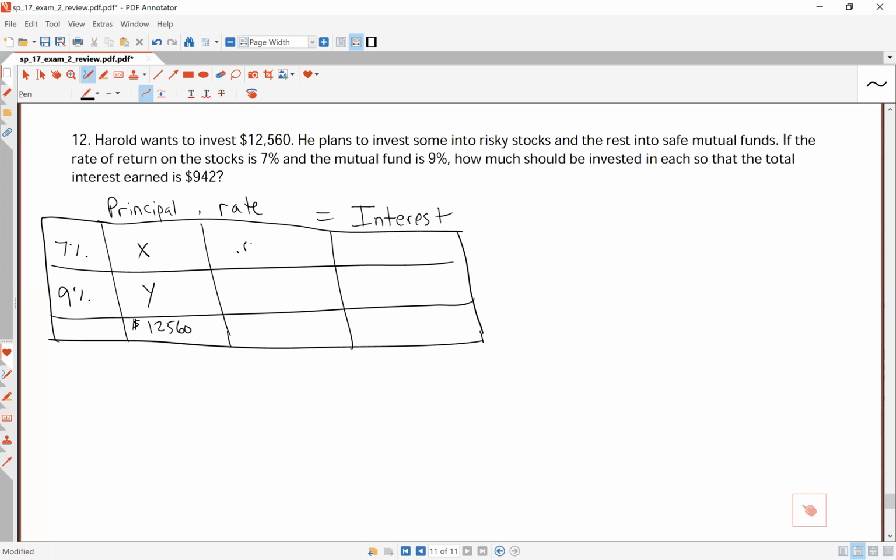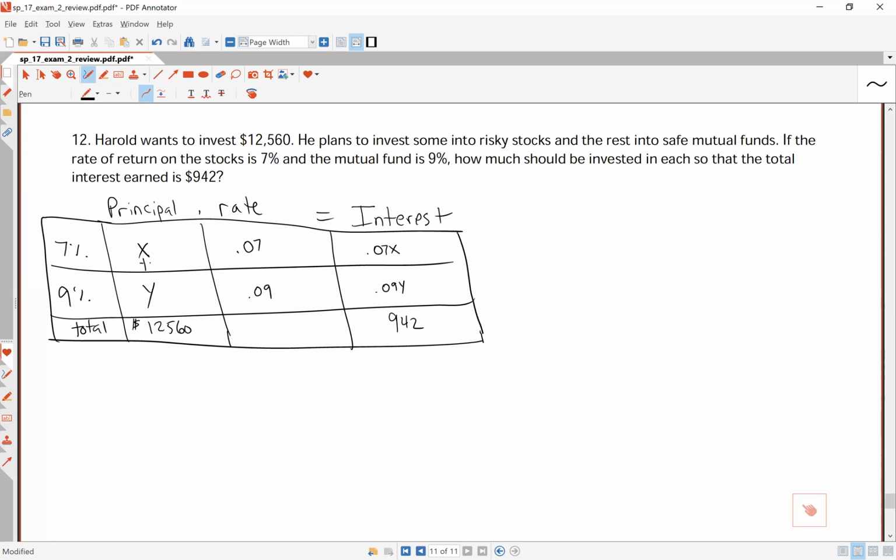The rates on these are 0.07 and 0.09. And we're told that the total interest earned is $942. So the interest in the 7% account is 7% of X. And the 9% is 9% of Y.